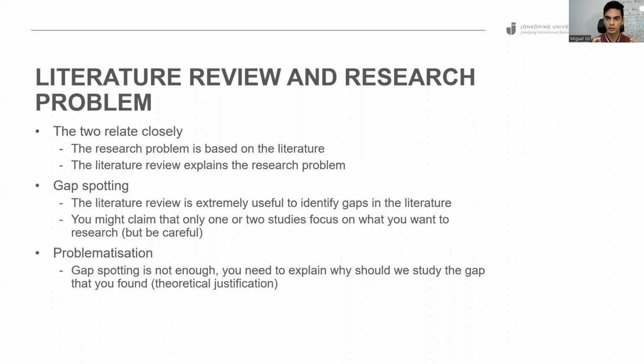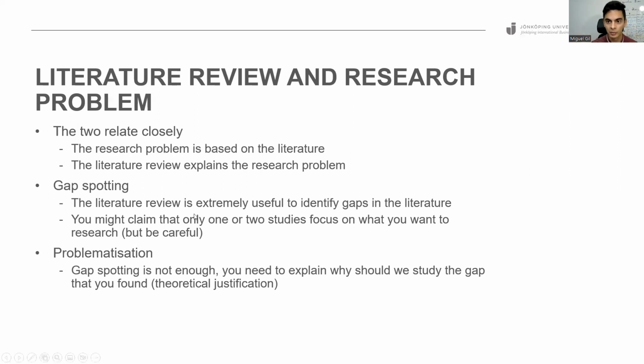Do you remember that I told you that the problematization or the research problem consists of gap spotting plus problematization? So you identify a gap, something that we haven't studied, and you justify why we have to study it. The literature review is extremely useful to expand these two aspects of the problematization. First, in the gap spotting, in the literature review, you will review almost everything that exists in that topic.